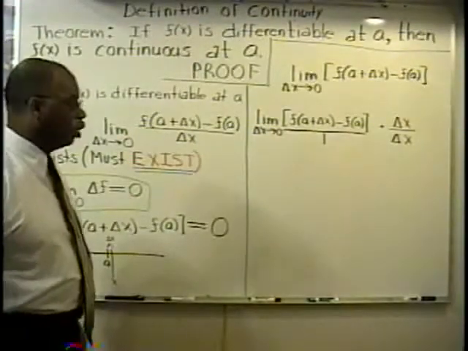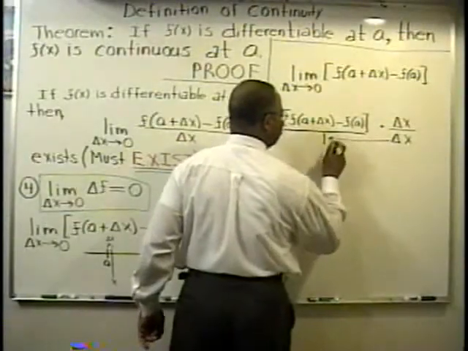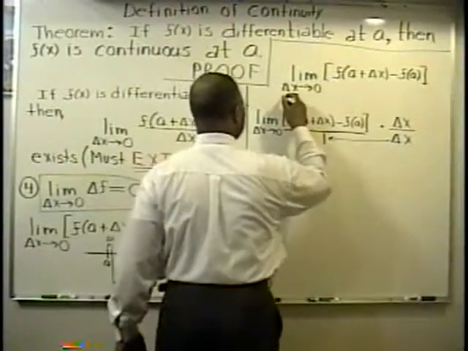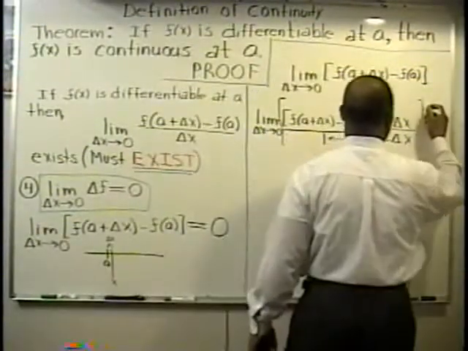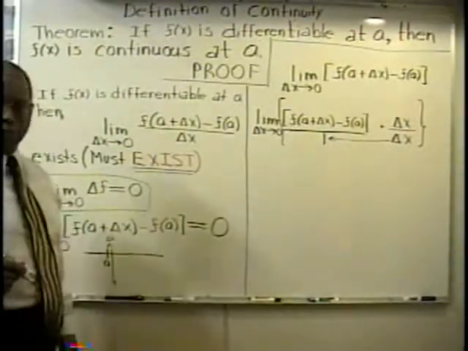Are you ready now? The next step is I'm going to simply multiply this times 1. I'm going to leave that delta x there. I'm also going to enclose this in brackets, and we're going to use the theorems of limits that you should have picked up earlier.